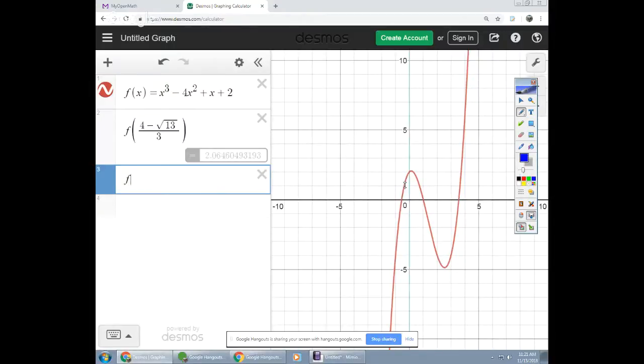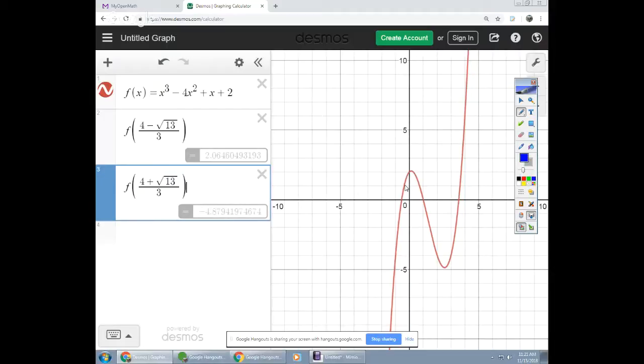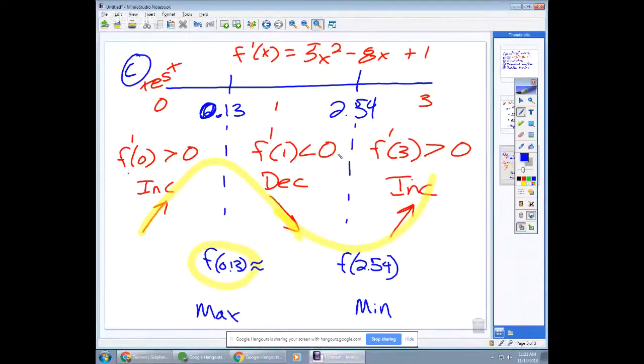And then the other one, f of 4 plus the square root of 13 over 3, negative 4-ish. So I have about positive 2 for a max, and it looks like that is a local max, right? And then negative 5-ish roughly for the min. So let's go 2.06 and negative 4.88 to 2 decimal places.